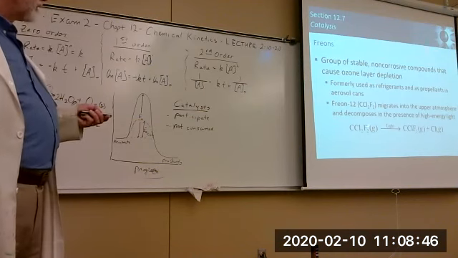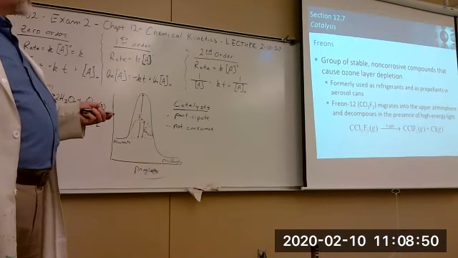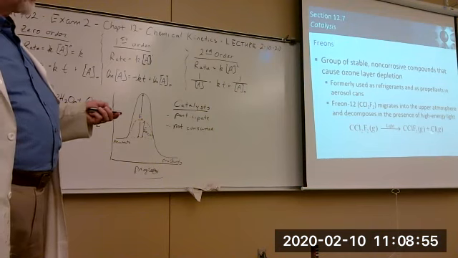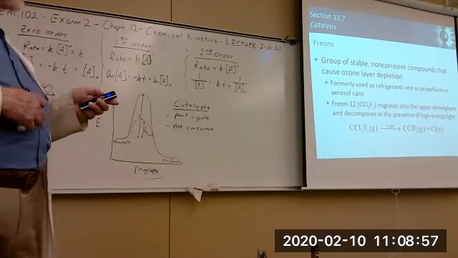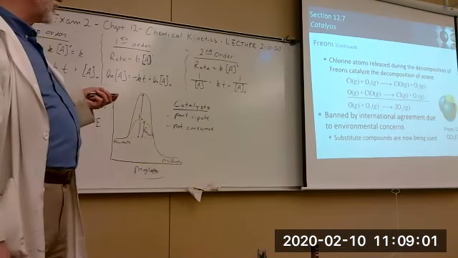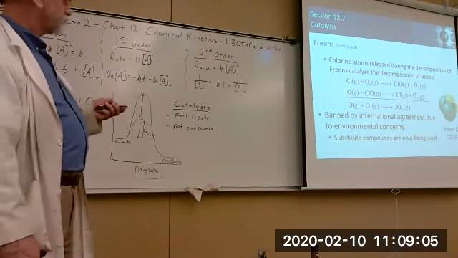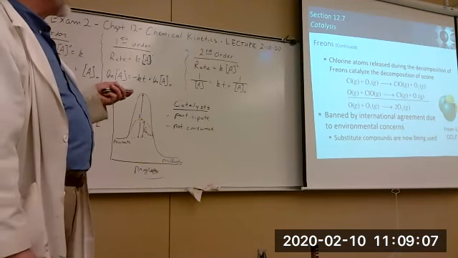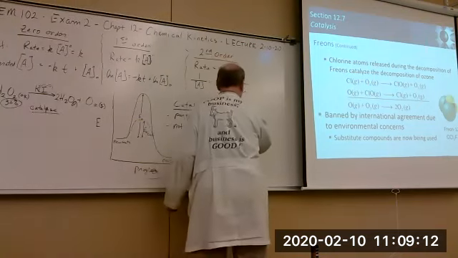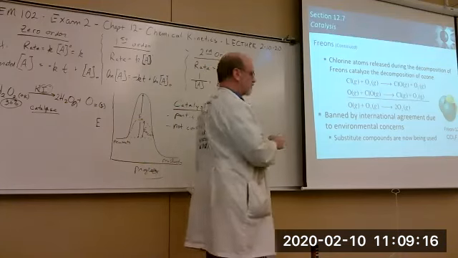For the freons, what happens is light way up there in the upper stratosphere decomposes your chlorofluorocarbons and produces chlorine free radicals. And those free radicals cause the same type of decomposition. So in this case, your catalyst is the chlorine free radical. Why do we call it a free radical? Because it has unpaired electrons.